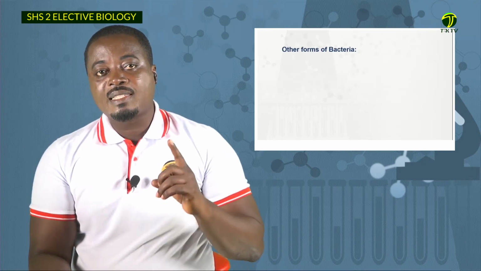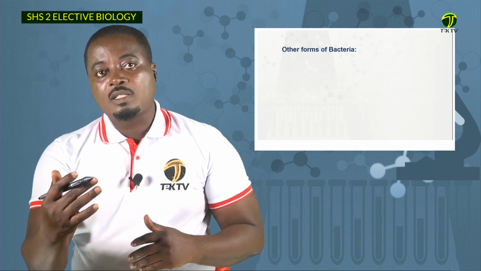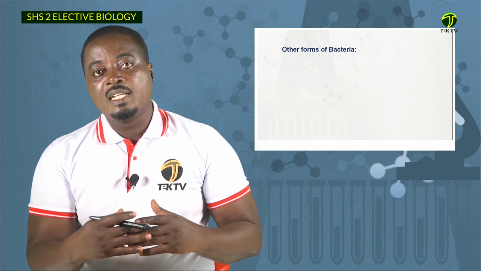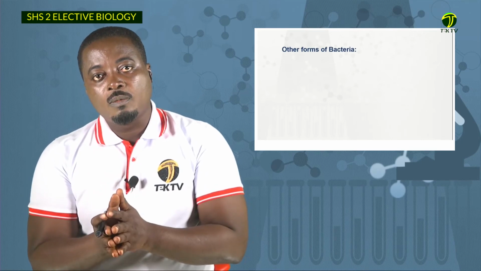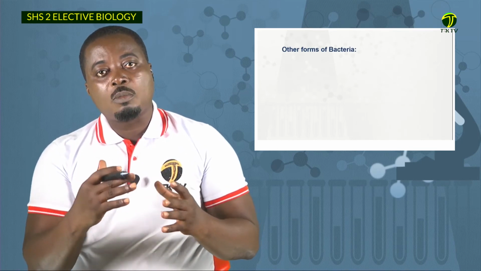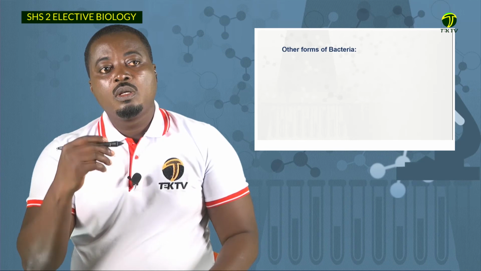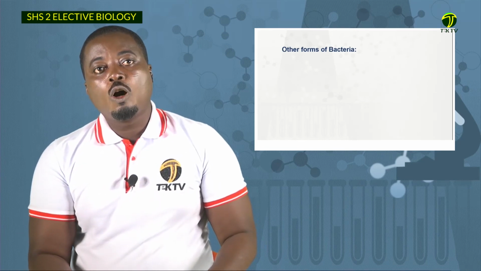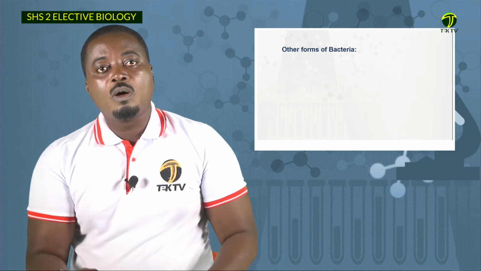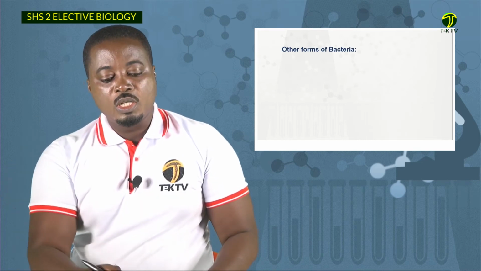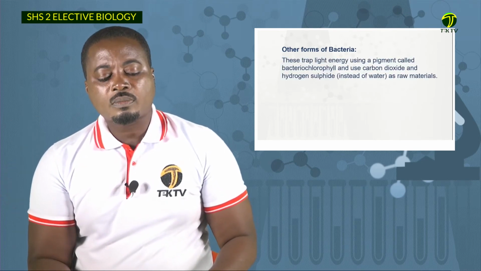Now, let's continue to the other forms of bacteria. Remember, I said that the first form of bacteria, which is the cyanobacteria, also called blue-green algae, contain chlorophyll. And I said that all the other forms of bacteria that undergo photosynthesis use what we call bacteriochlorophyll. So let's look at how they do that.